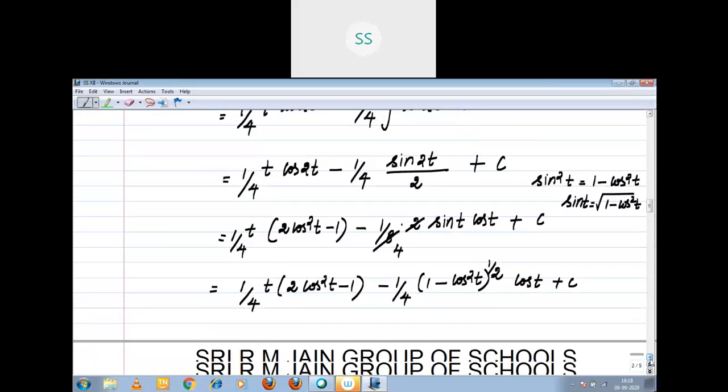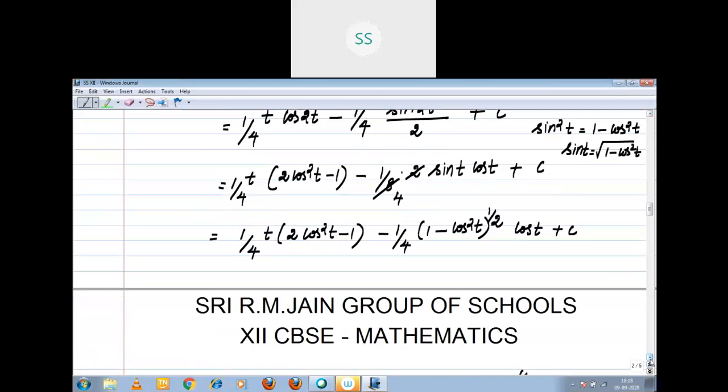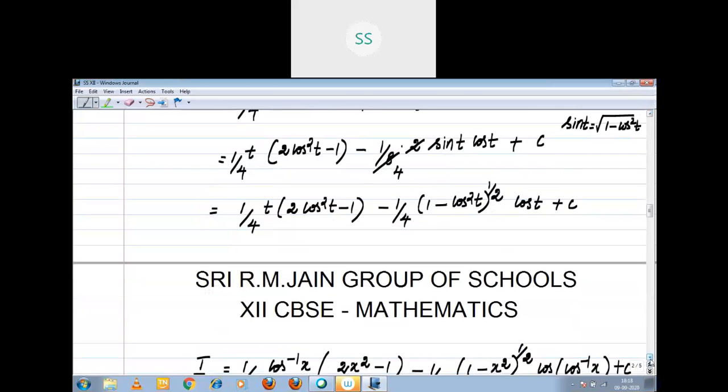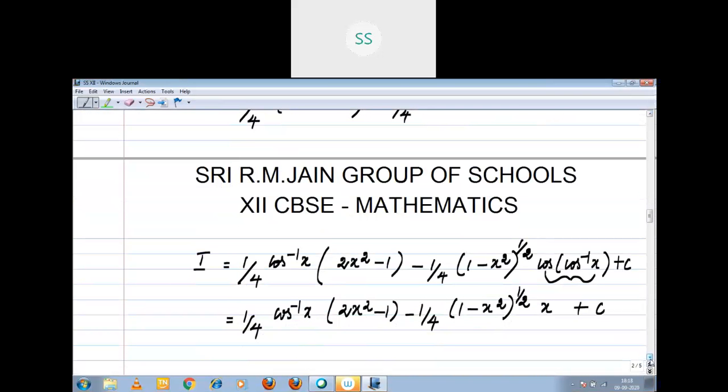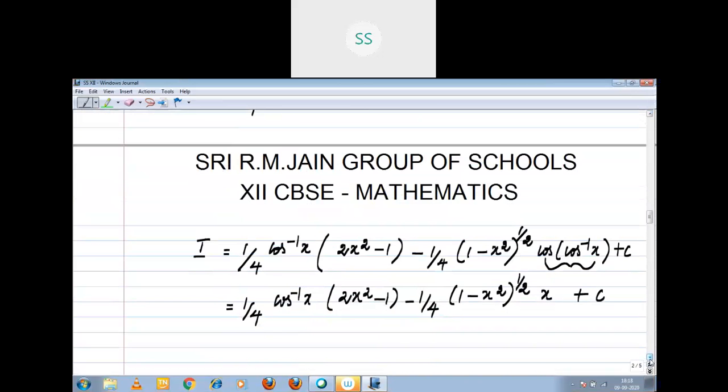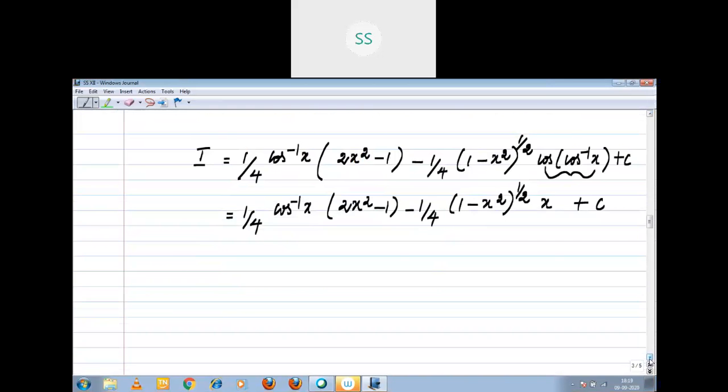See here, cos square t can be replaced by x square, the same 1 minus x square. Then t can be replaced by cos inverse x, and cos of cos inverse x is x. Now we understood, children. Shall I move to the next question?